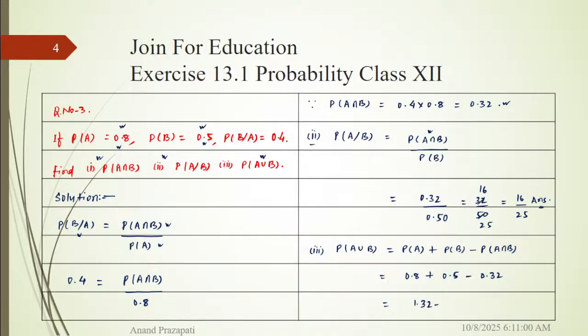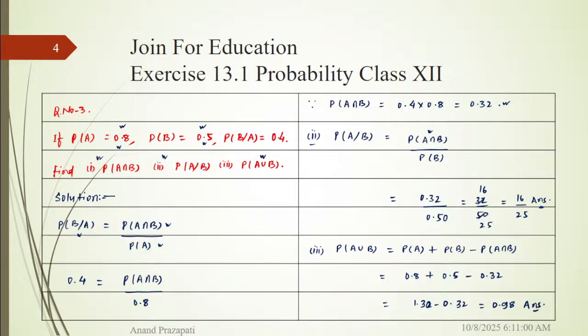After simple addition and subtraction we get 1.30 minus 0.32, so after the subtraction we get 0.98.